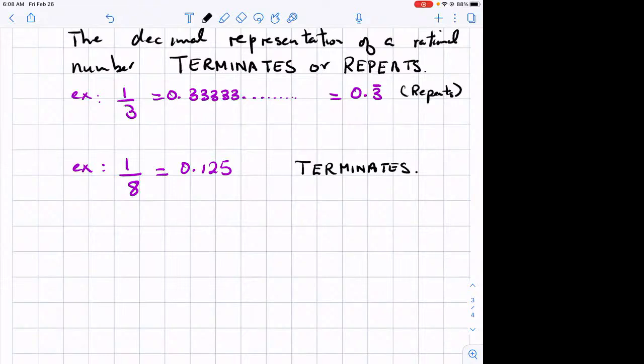Now, a real number that cannot be written as a ratio.